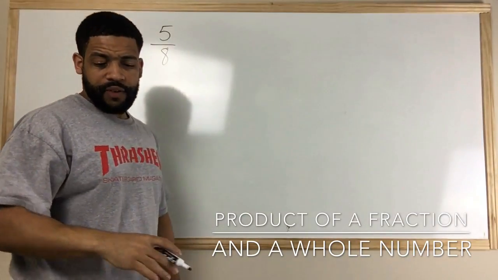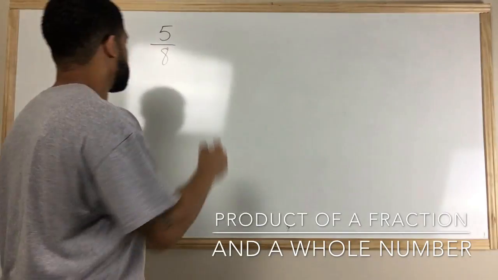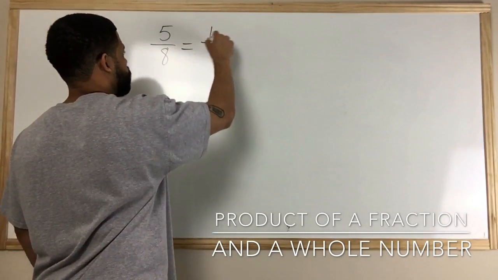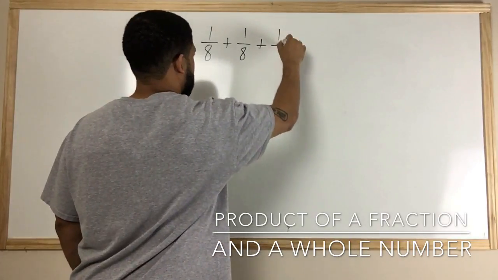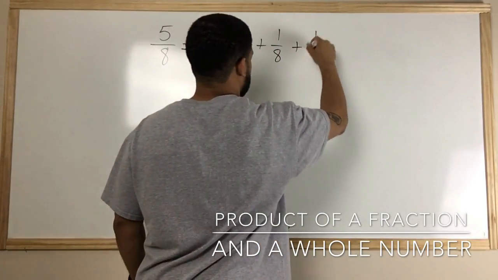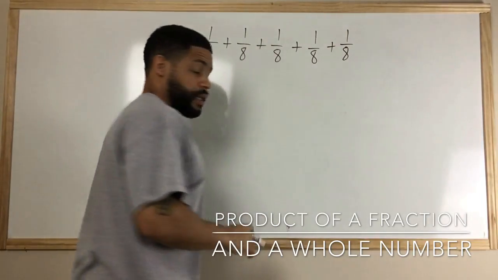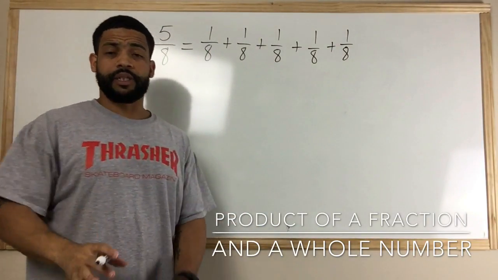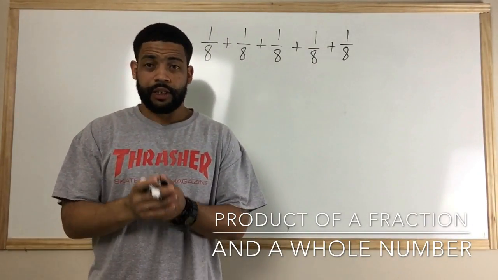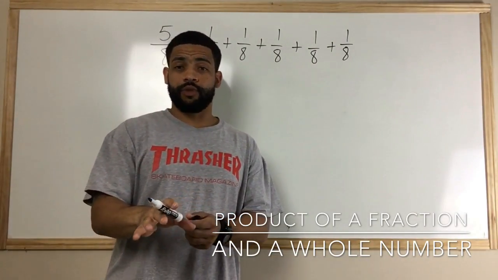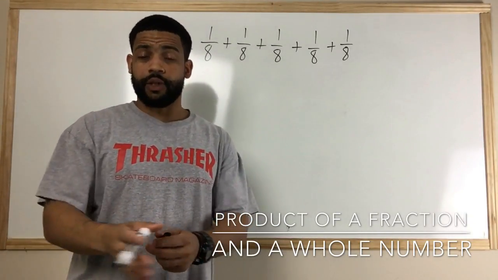If I have the fraction 5/8, okay? Now 5/8 can be written several ways, but this is the same thing as saying 1/8 plus 1/8 plus 1/8 plus 1/8 plus 1/8, okay? Now, we're going back to the basics because if you think about multiplication in and of itself, multiplication was just a simpler, faster way to do addition.